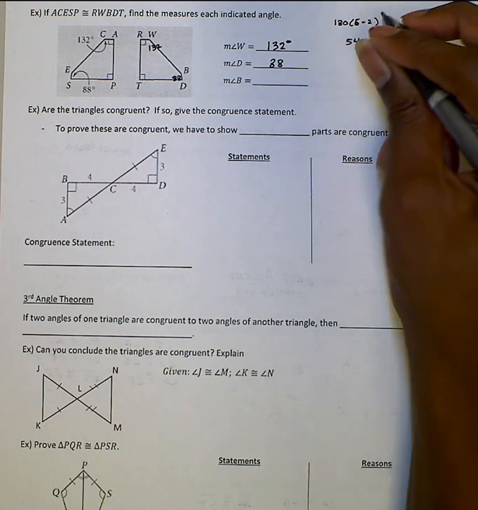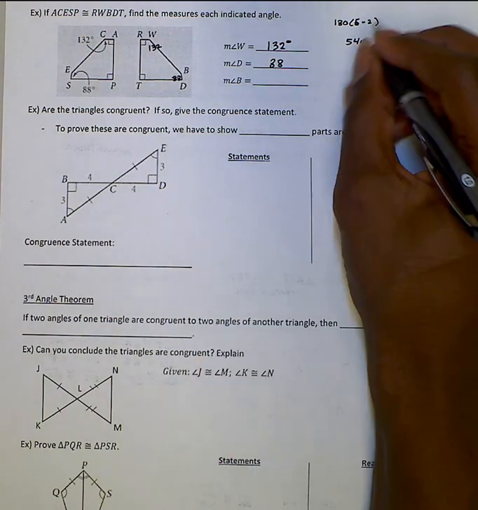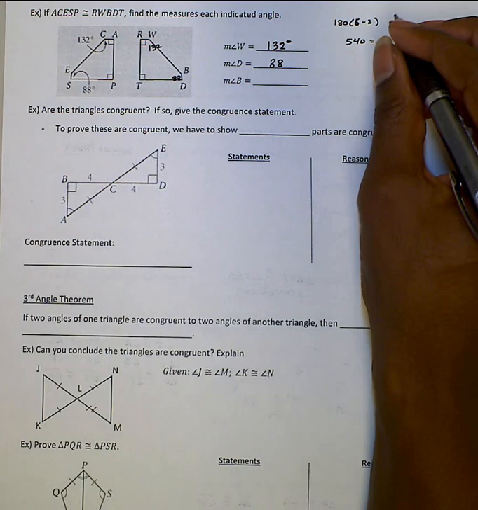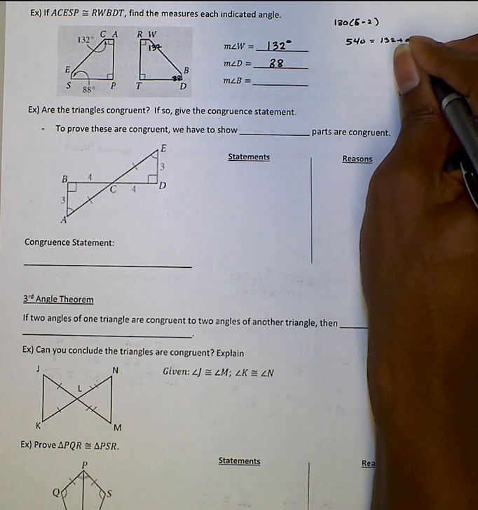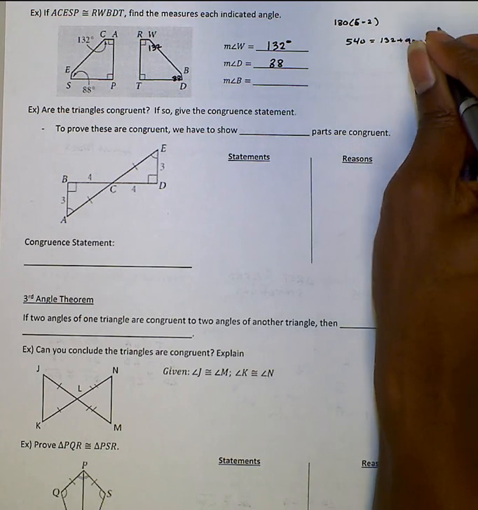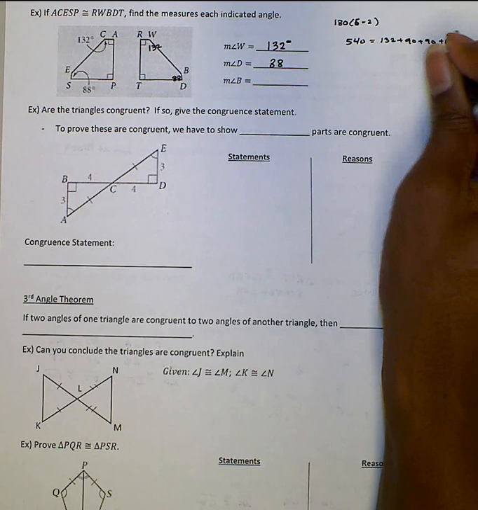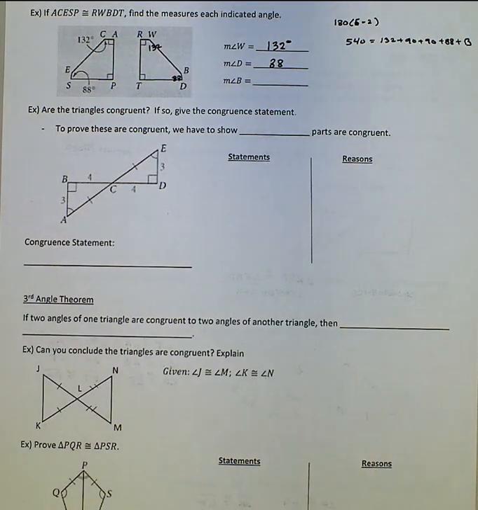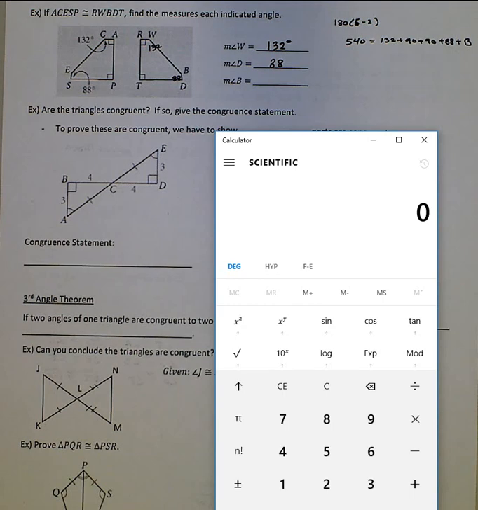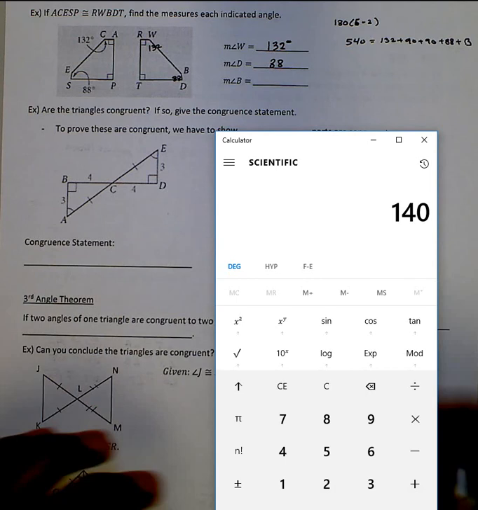Okay, so I know that all these angles together should equal 540, so I'm going to just take all the angles and add them together. I got 132 plus 90 plus 90 plus 88, and then I'll just call angle B, B. So if I do that on the calculator, 132 plus 90 plus 90 plus 88, that's 400. 540 minus 400 gives me 140.